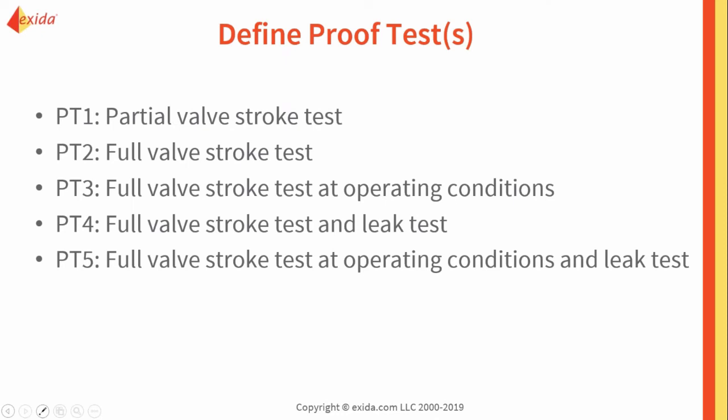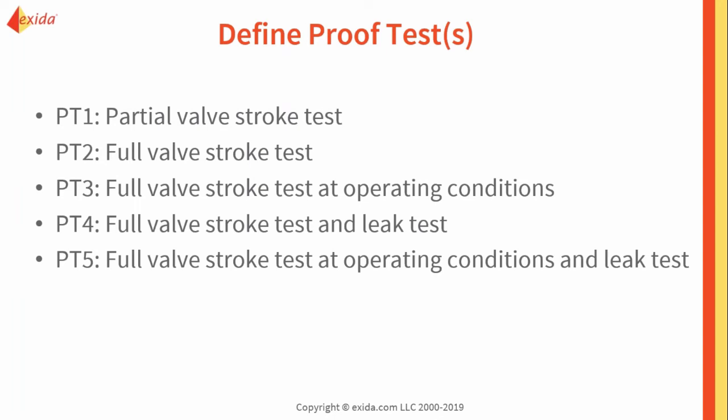For a floating ball valve, we could first do a partial valve stroke test. That partial valve stroke test might move the valve 5 to 10% of its total stroke. That stroke might prove that the bonds of sticking aren't there, that things can actually move, that the shaft is still connected and can still turn that ball.